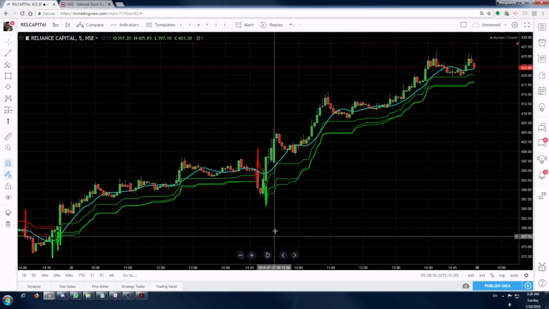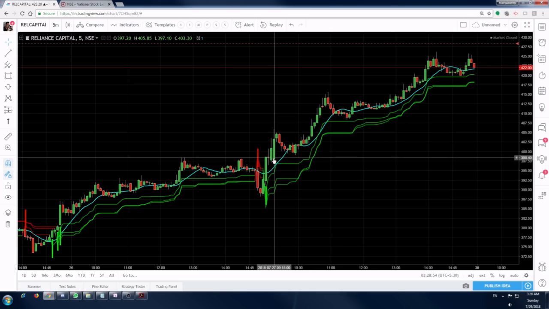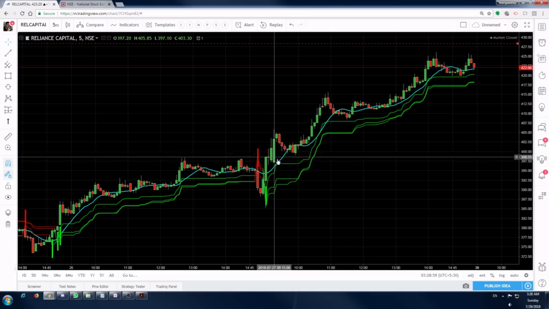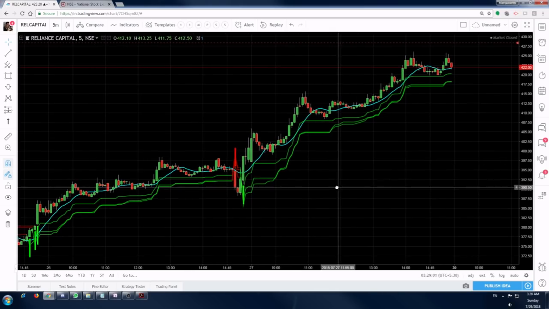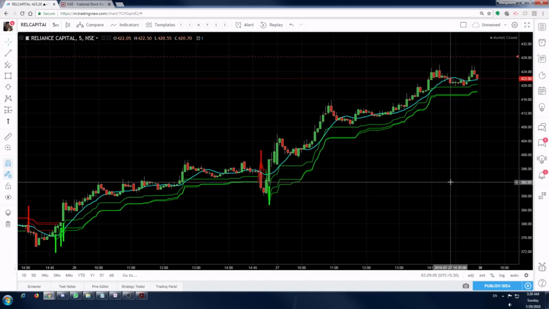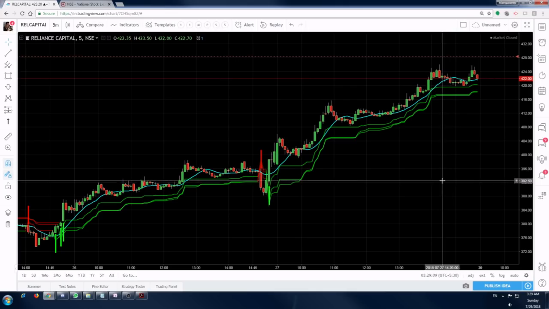So 27th was Friday, so this big green candle is the one with which the day started. Now, there are some rules which you need to follow. As I said, every indicator has a particular purpose, right? In this strategy we are using the 3 STs, 3 super trends, along with a 10 SMA.